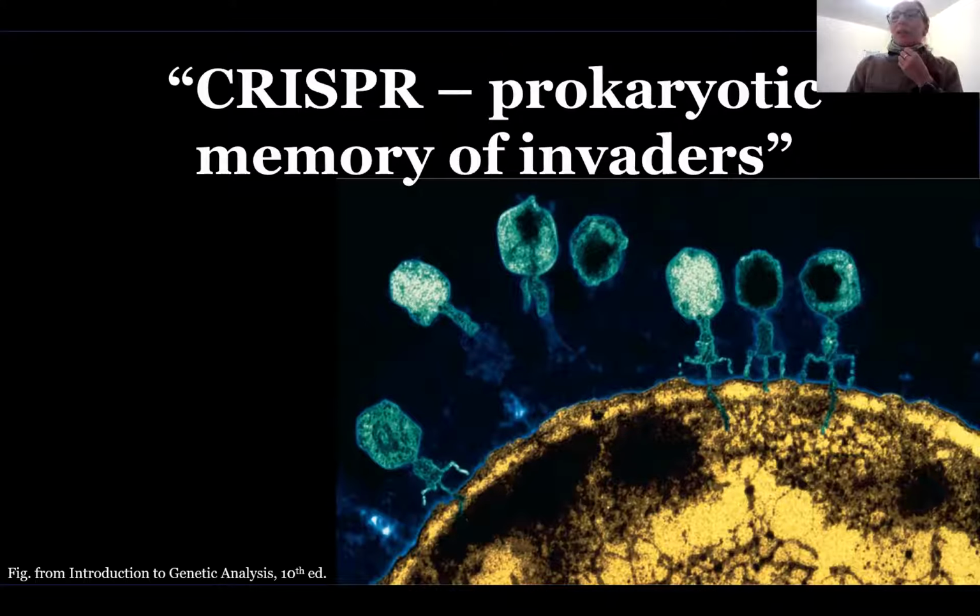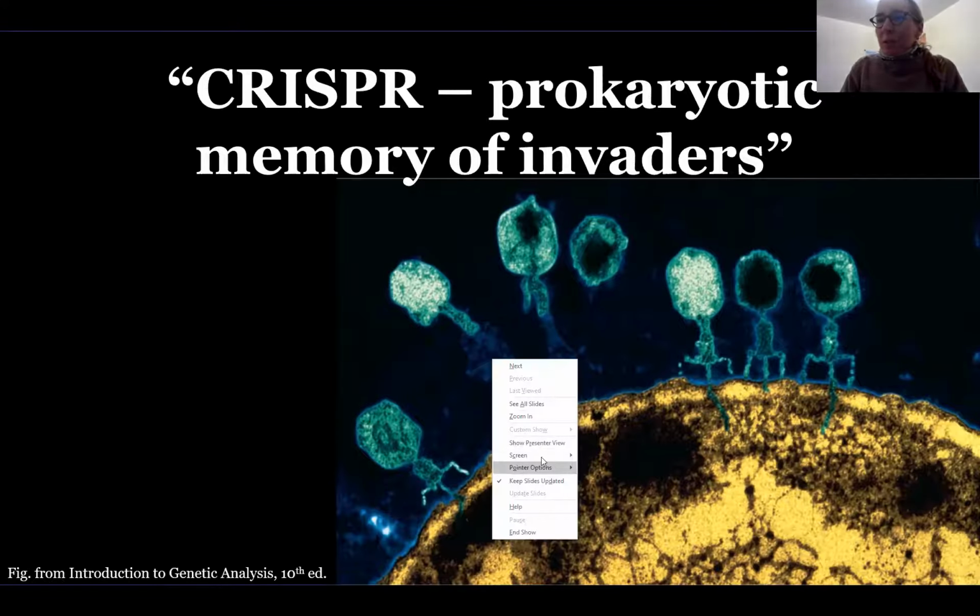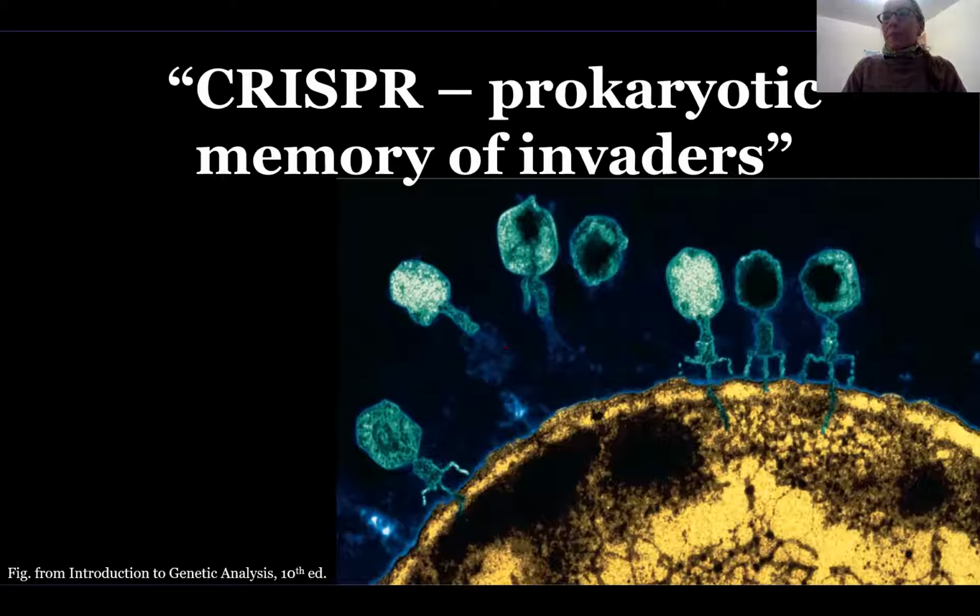So here, what you can see in the picture, you see phages invading bacteria. This is the membrane of bacteria, and there are phages on the surface of bacteria invading DNA into bacteria.